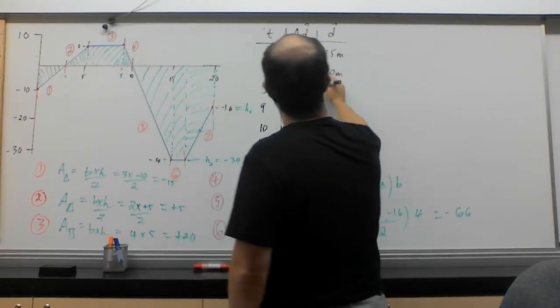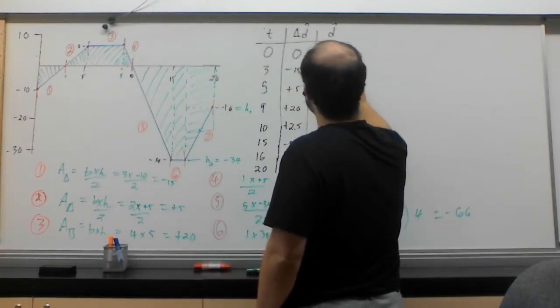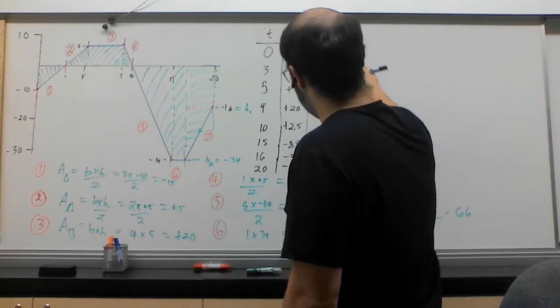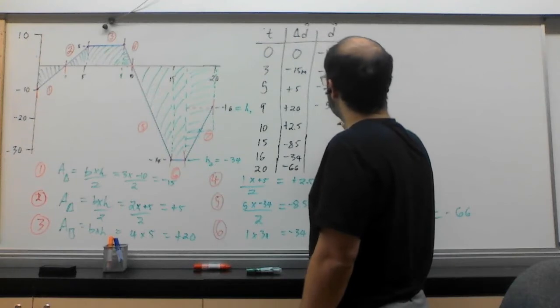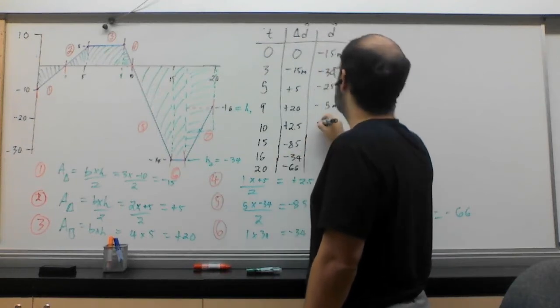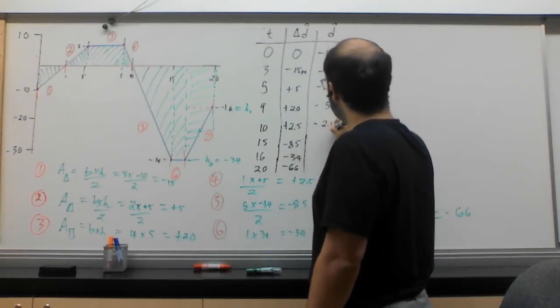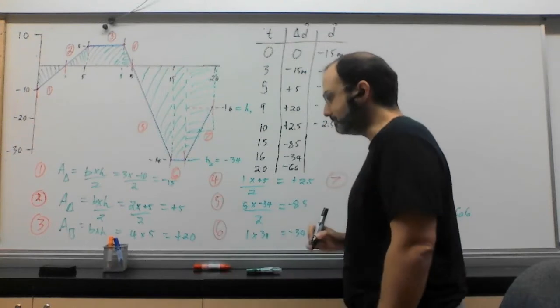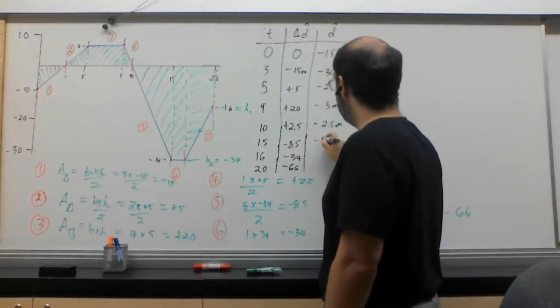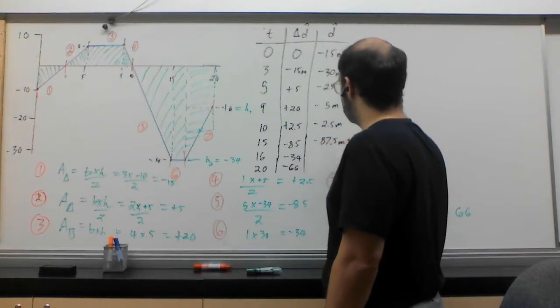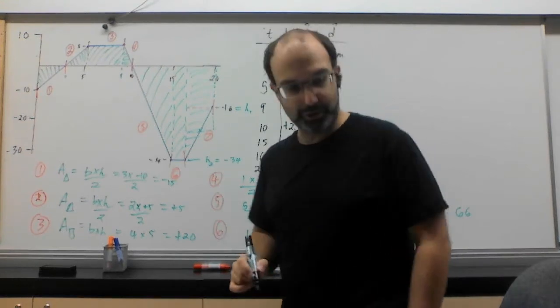Then I go up 5, so I go to negative 25 meters. Then I go up another 20, so I go to negative 5 meters. Then I go up another 2.5, so I get to negative 2.5 meters. Then I go 85, which means I get to negative 87.5 meters. Then I add another 34 on there.